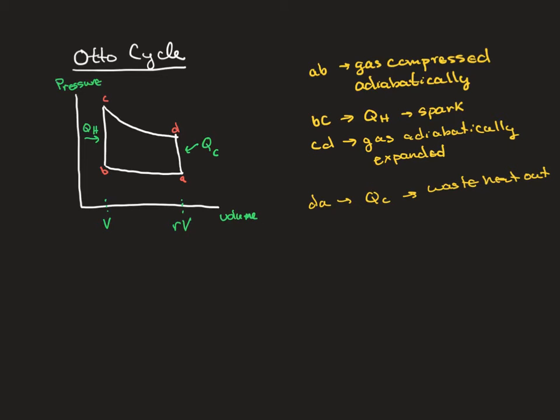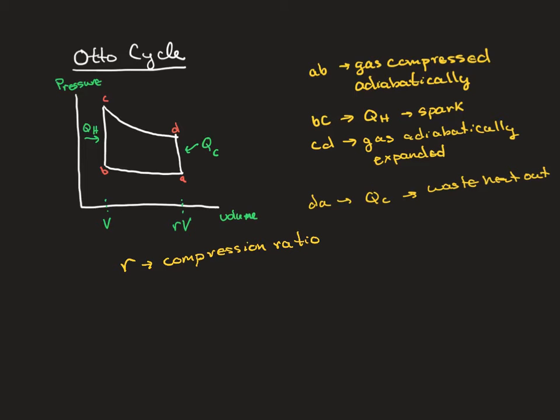Now you'll notice here in this graph, we have volume and then R times volume. R in this case is the compression ratio. And typical compression ratios are between 8 to 10.